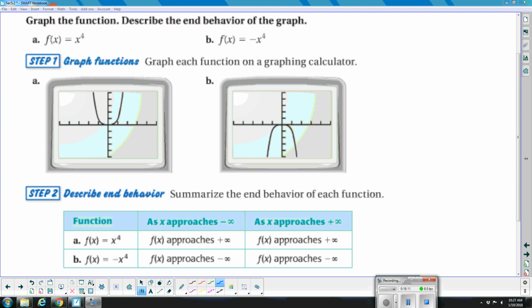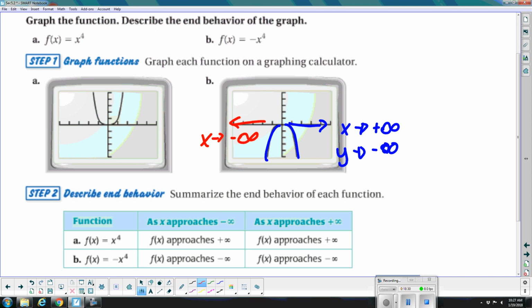In the second example, when you have a graph facing down, the opposite is true. When x approaches positive infinity, y approaches negative infinity. And as x approaches negative infinity, y approaches negative infinity.